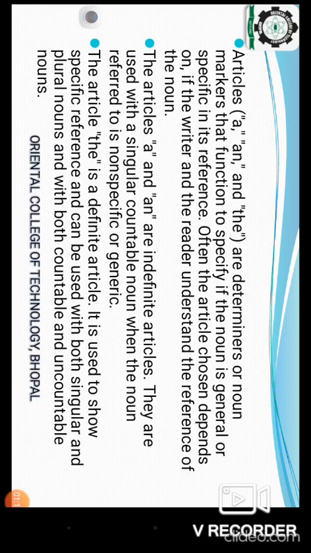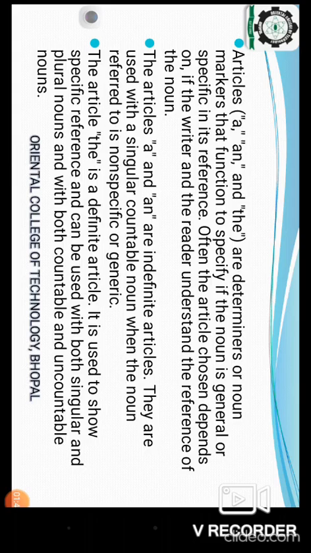Articles a and the are determiners or noun markers that function to specify if the noun is general or specific in its reference. Often, the article chosen depends on if the writer and the reader understand the reference of the noun. The articles a and an are indefinite articles.